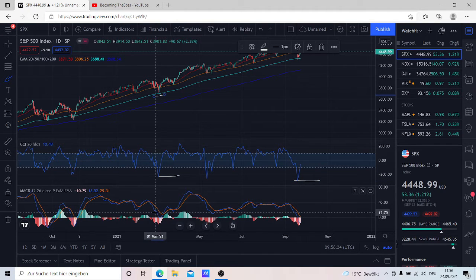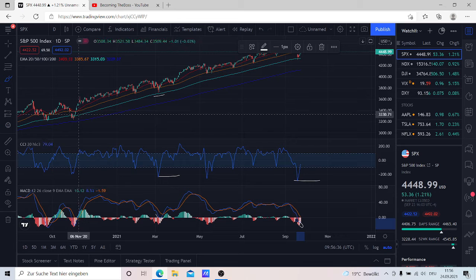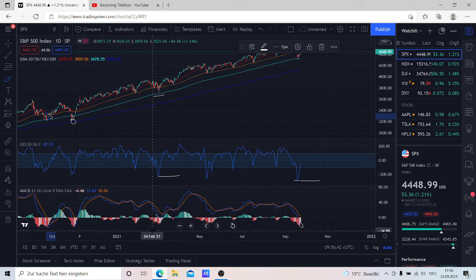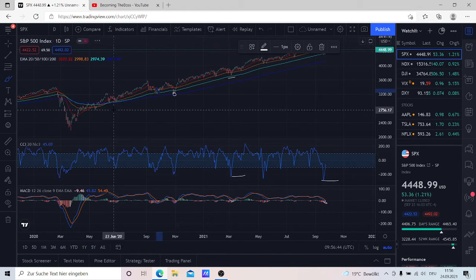The only difference is that the MACD here stayed above the zero level, so it just barely fell below it, but here we are quite lower, which might indicate that we will here see a pullback maybe to the 200 EMA, so another pullback to turn around.